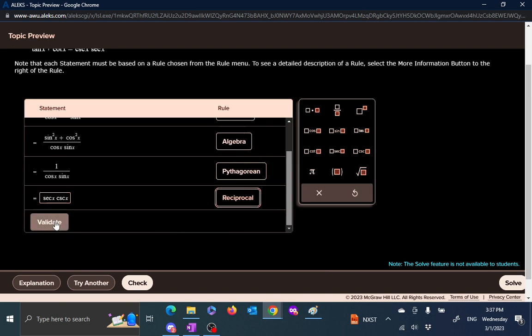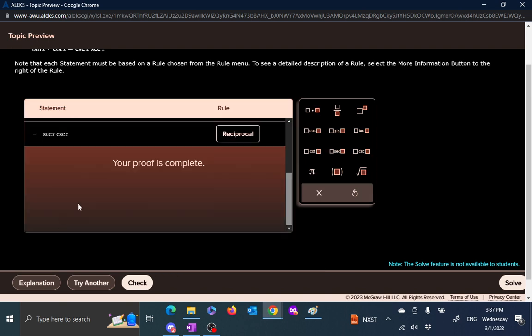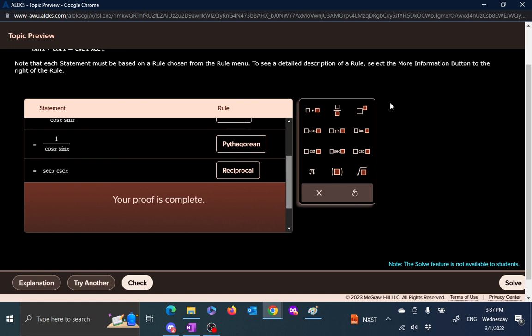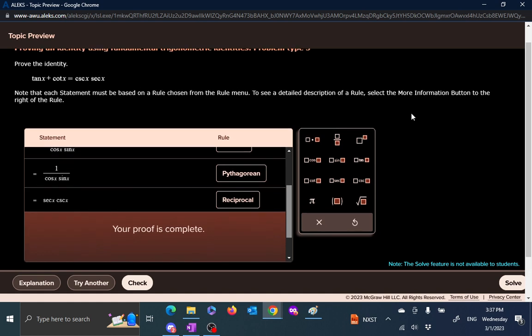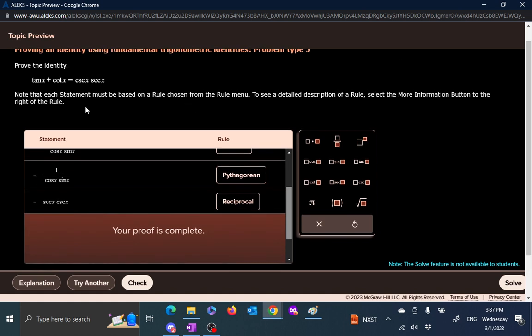Now I validate, and you notice that the software did not insist, it wasn't a stickler about it to say that secant and cosecant are being multiplied in a different order, and then you have to apply some algebra to write them in that order. It doesn't become that difficult on us.